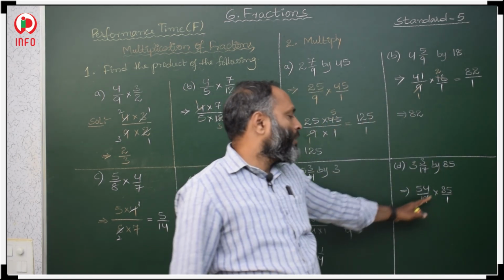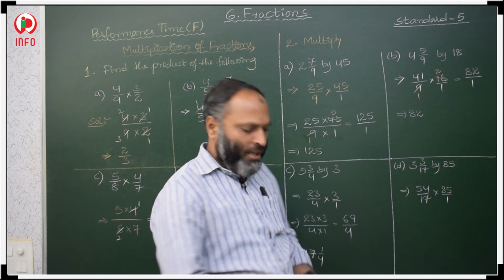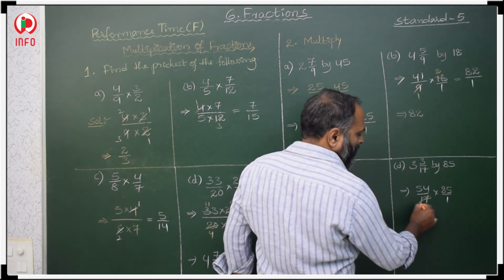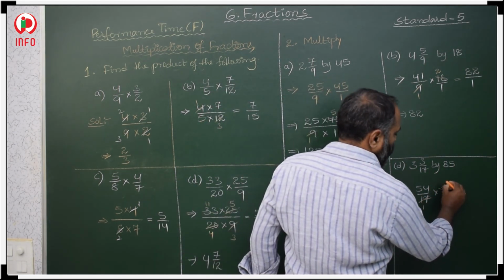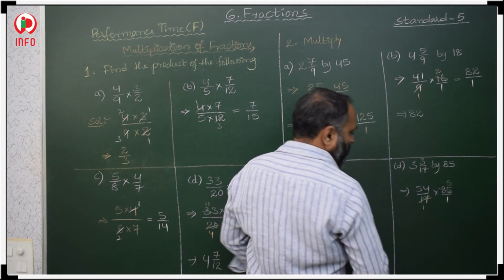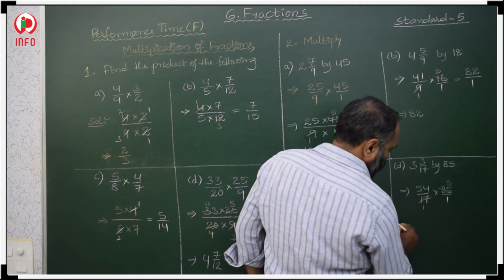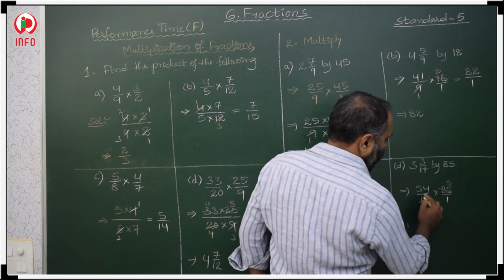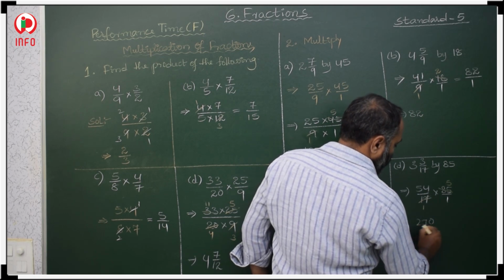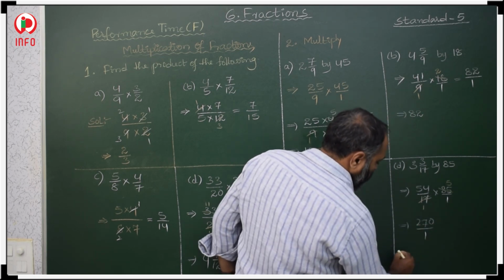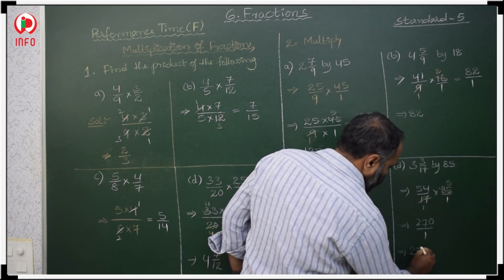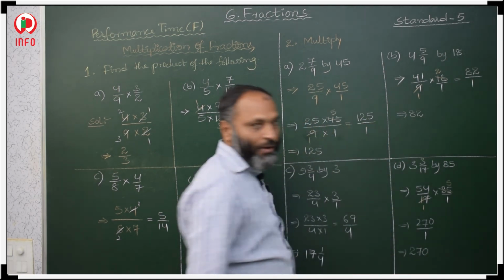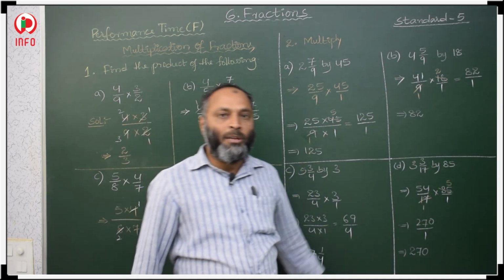So, these two have common factor 17, so these two are divided by 17. 17 1s are 17, 17 5s are 85. Then 54 5s are 270, by 1 1s are 1. That is 270 is the answer. Okay, this is our multiplication. Okay.